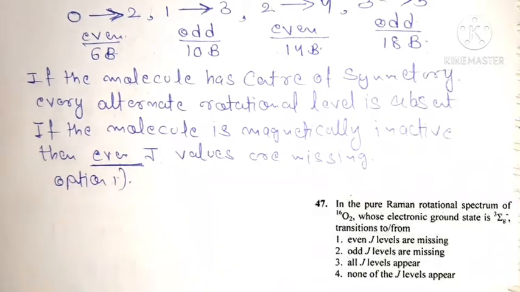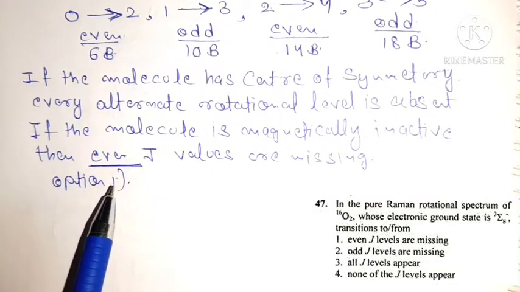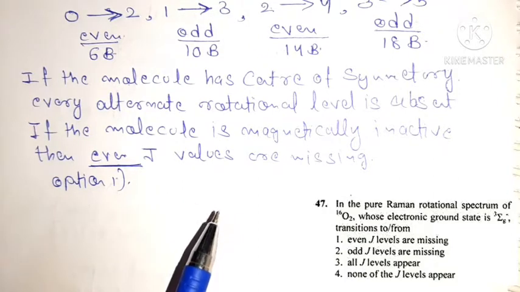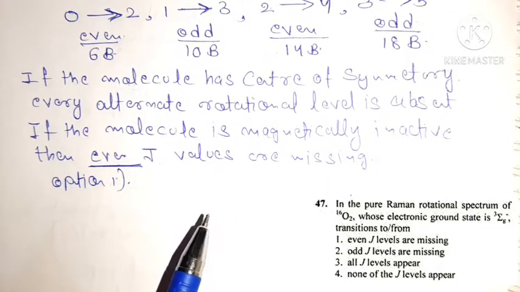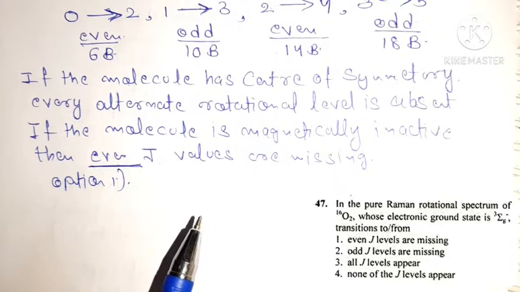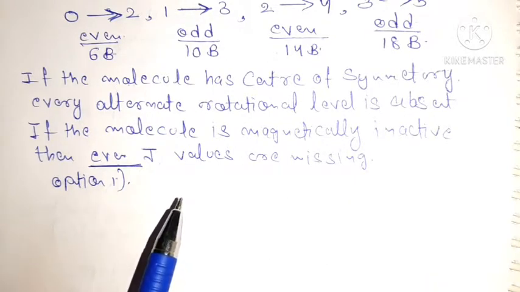So option one is the correct answer for this question, that is, even J levels are missing. This is a very fruitful concept for you. Please understand it, and I hope you understand it.